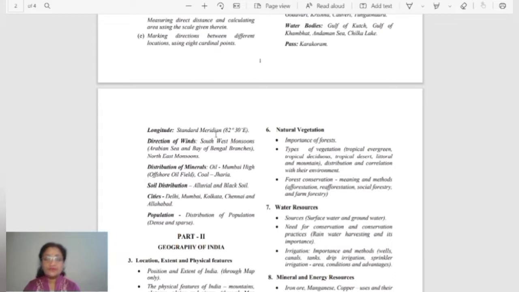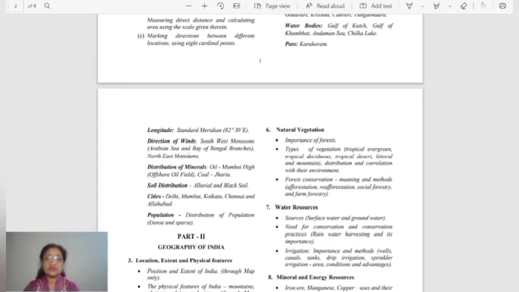Out of these two, now Tropic of Cancer is not a part of the reduced syllabus anymore. Now we have to mark only the standard meridian of India, that is 82.5 degrees east. So this is the only longitude, which we had earlier. Only this we have to mark. Latitude is not there. Only longitude is there.